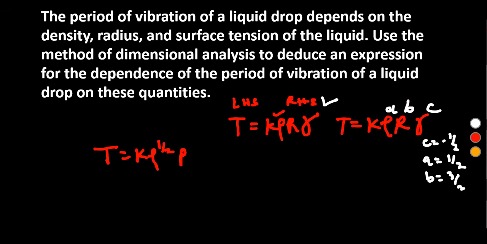We have R for radius. The B there is 3 upon 2. And C, this is gamma for surface tension. C there is minus 1 upon 2. So going further, we have that period is K, this is root of the density. This is half from the law of indices.